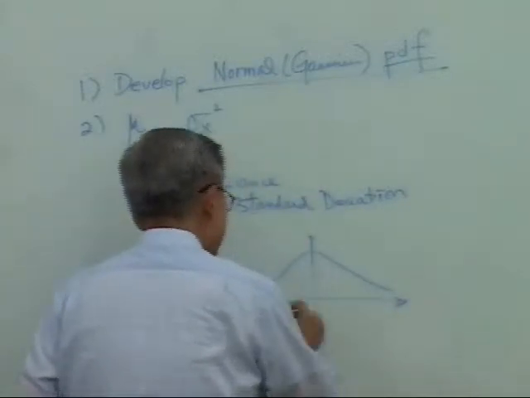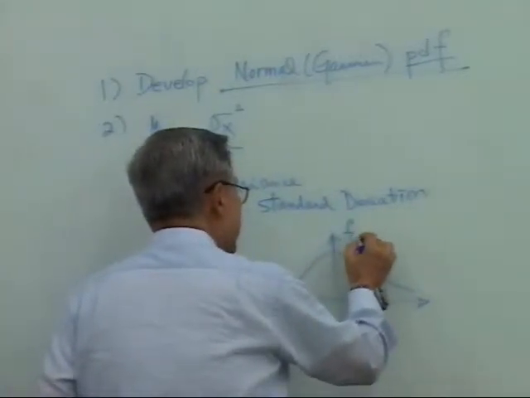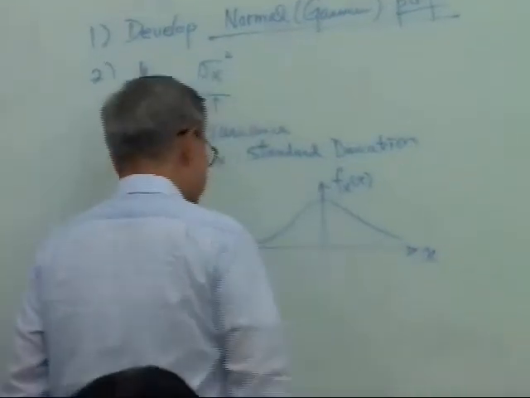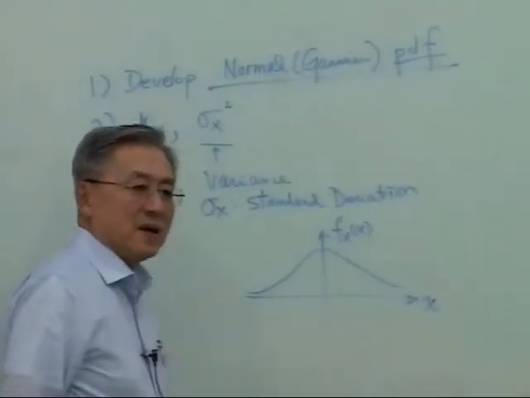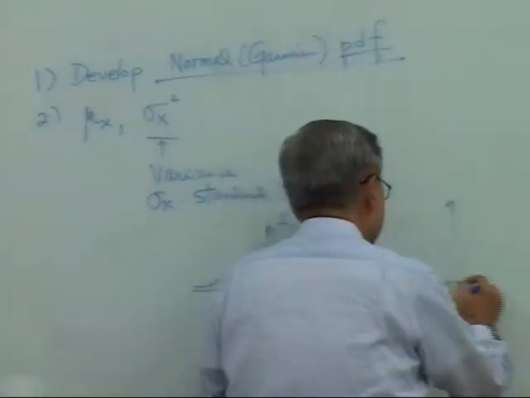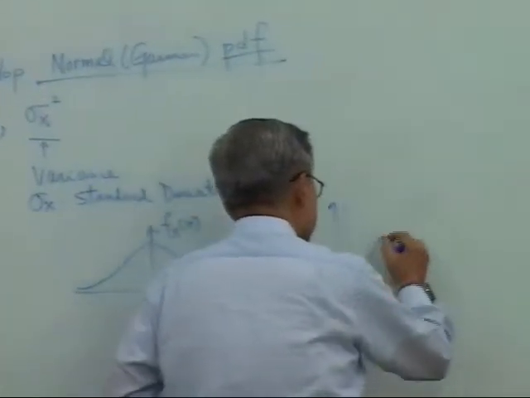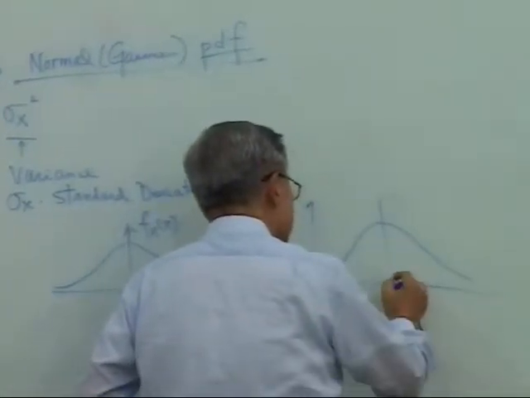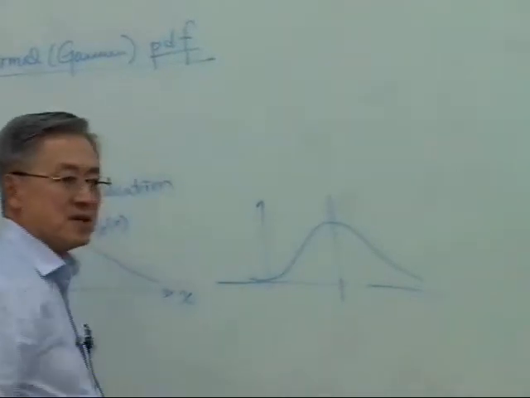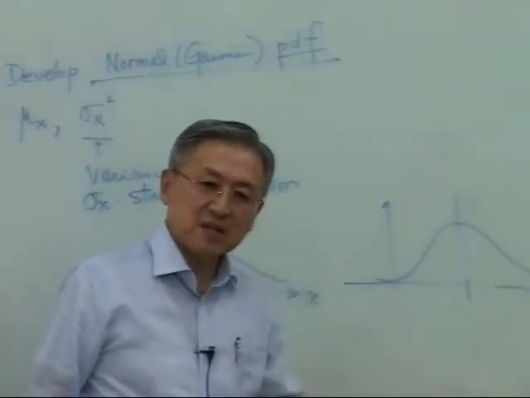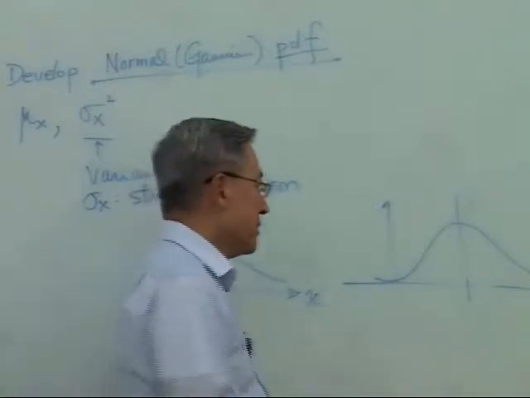If you have a positive or negative value in your data, or it could be something like all like this, doesn't make any difference. Then this is the bell shape for normal distribution, the beginning of the probability model.